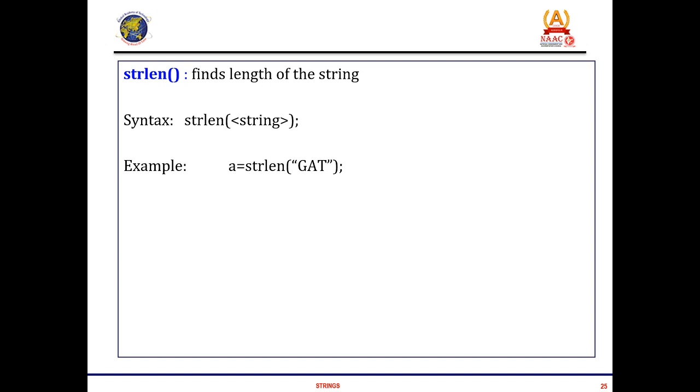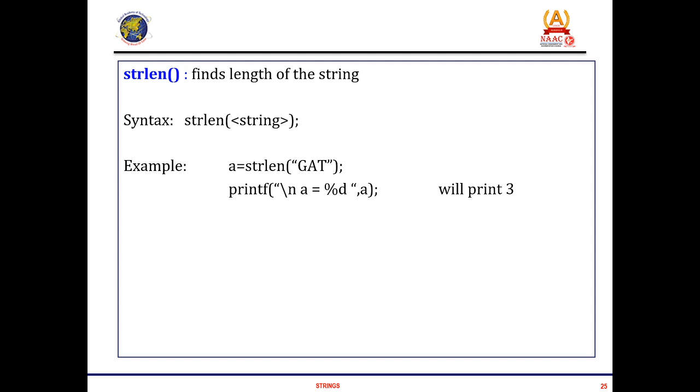The other way of giving the parameter is through a character array. We'll discuss this after a couple of minutes. Let us look at this version of the parameter. So I have a = strlen("gat"); and immediately I have a printf statement which will print the value of a. Now strlen, even though I said it finds the length of the string, please understand that strlen will not consider the null character.